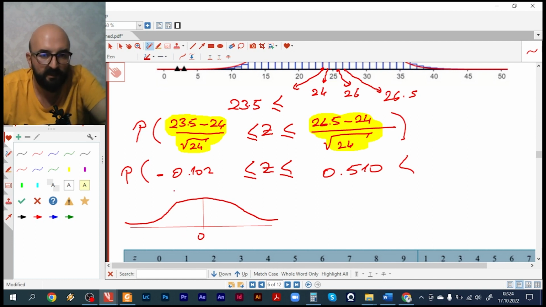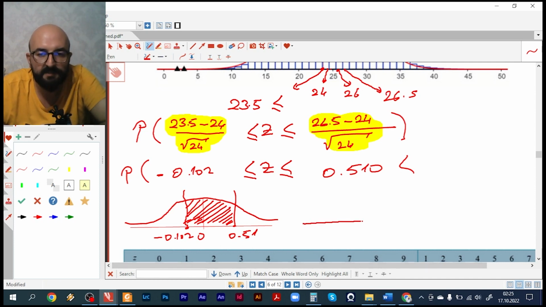So negative 0.102 is greater, and 0.51 is less, and you should find between these points.